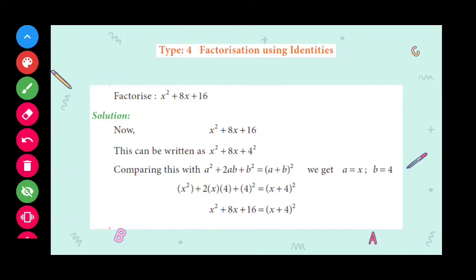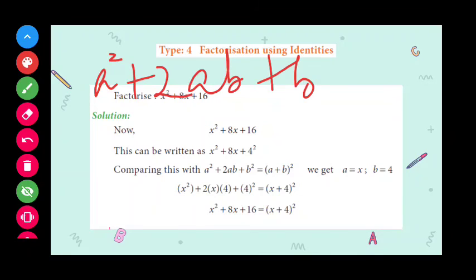So what does a plus b whole square equal? a square plus 2ab plus b square. Okay, so a square is x square, we have already seen it here. b square is 16. How can you write 16 in terms of square? 16 is nothing but 4 square.